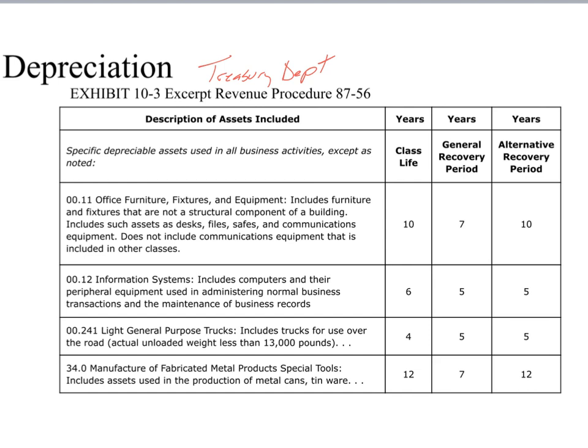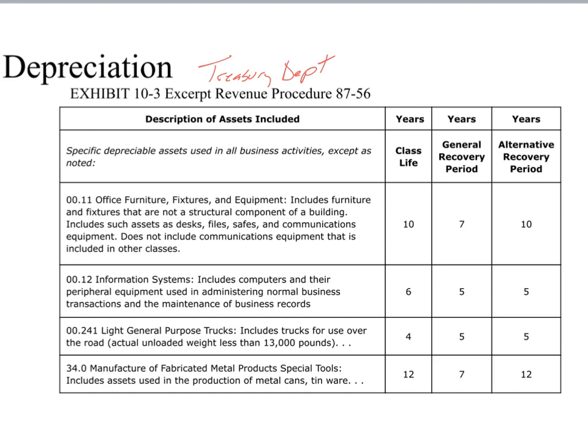This is a good general view of recovery period. These are just some of the most common assets that you might have. Note, fishing boat is not listed in this little snapshot. So you're going to have to go out and find fishing boat, but that's not terrible. And make sure when you're looking at fishing boats, it's not a commercial fishing boat. You know, this is not the Deadliest Catch. So if you have questions, feel free to contact me or we can talk on Zoom as well.